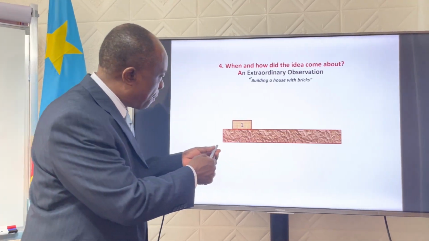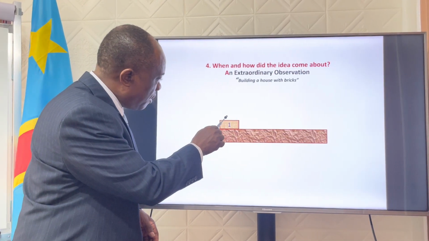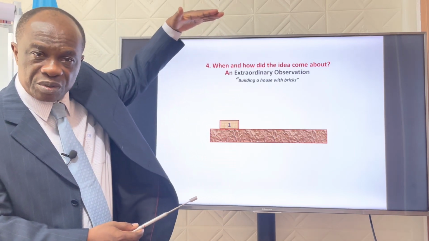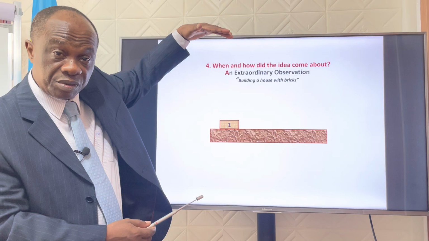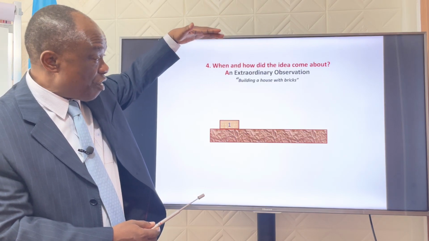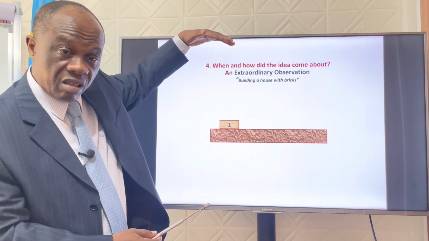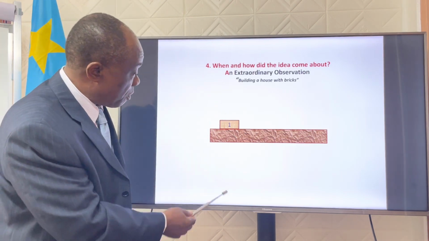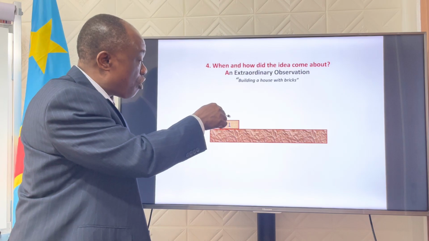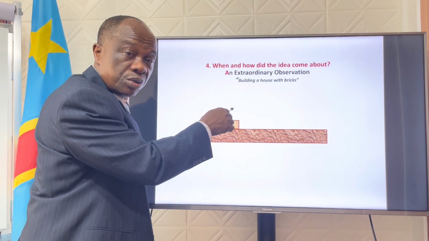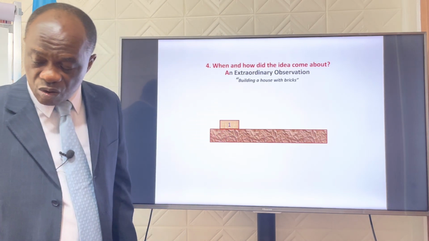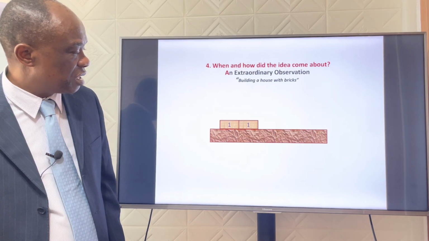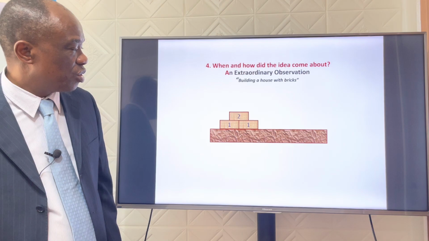But before they put another brick here, because we build in order to cover up the space, we have to go up and put another brick here. But before they put this brick number 2, they go again, first 1, then 2.